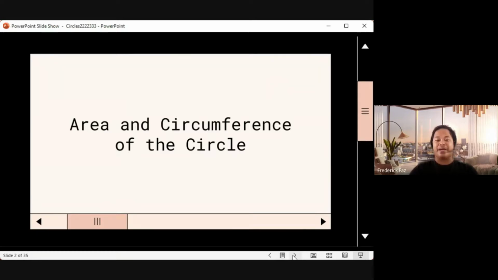I know naman na you have already learned in your elementary years or grade all about this area and circumference. So parang recall lang naman din ito for more average or difficult questions na mga word problems po.